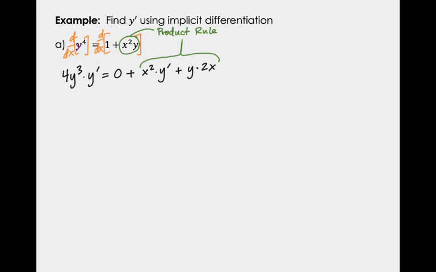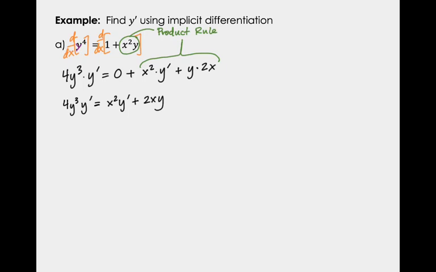All right, so we take the derivative of everything left to right, using whatever rule we need to take the derivative. And then we're going to try to solve for y prime. So I'm just going to rewrite this equation exactly as it is, just with slightly less notation. So I'll skip the 0, x squared y prime, and then I'm going to write that last term on the right as 2xy. All right, and then I'm going to solve for y prime.